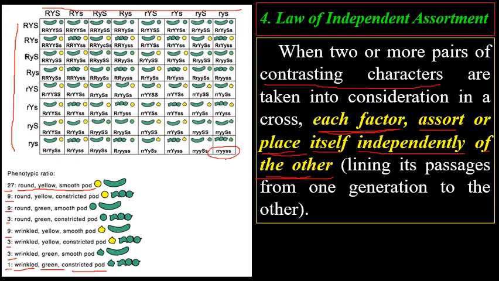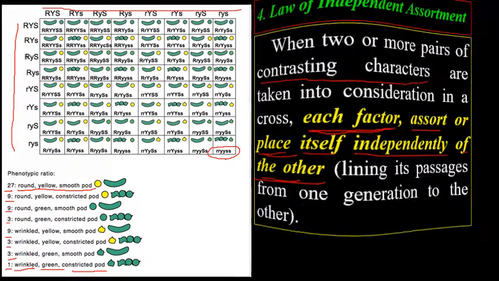So this is overall about Mendel's laws of heredity. I hope all of you have understood the Mendelian laws of heredity. With the help of these simplified colorful pictures, I have tried to give you a better knowledge regarding Mendelian genetics. The situation up to monohybrid and dihybrid cross is very simple, but it becomes more complicated afterwards.